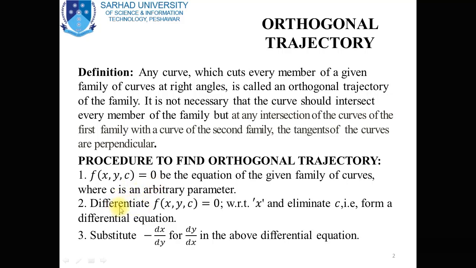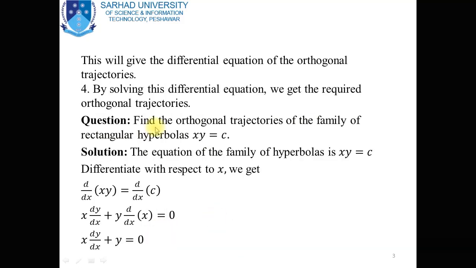Differentiate this function with respect to x and eliminate the parameter c from the differential equation, and then substitute minus dx by dy for dy by dx in the above differential equation. This will give the differential equation of the orthogonal trajectory, and then solve this differential equation. We will get the required orthogonal trajectory.